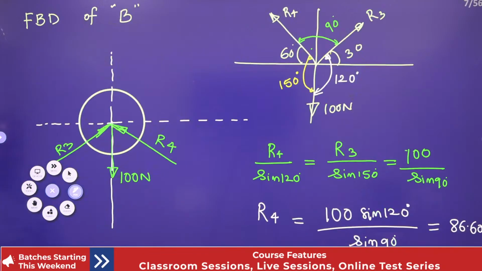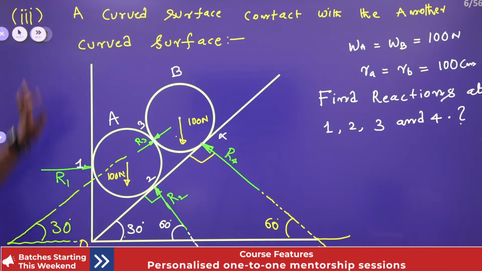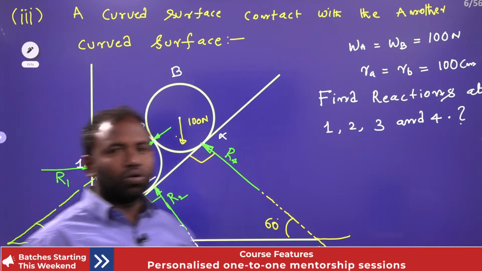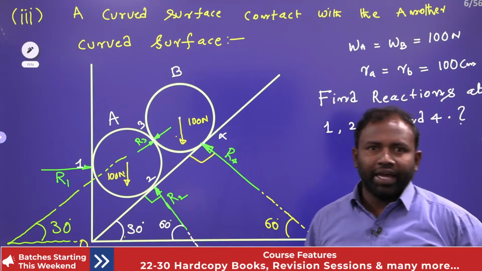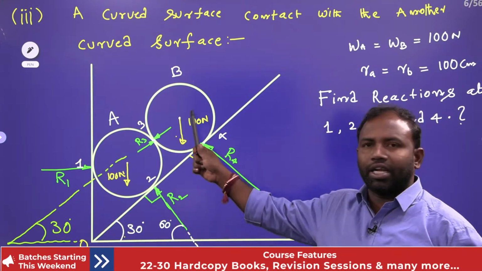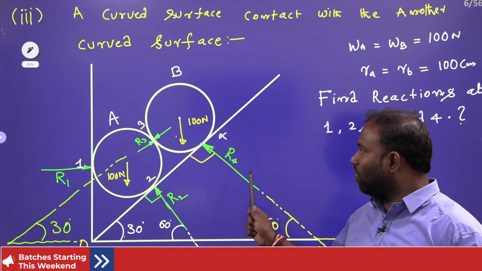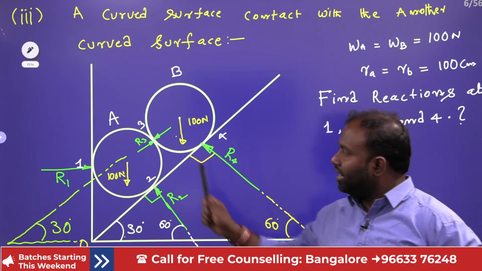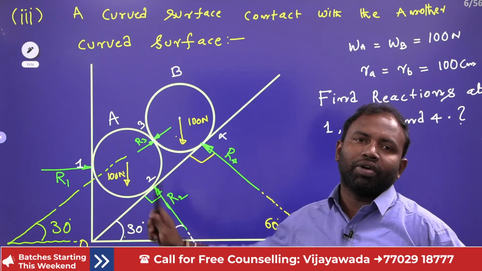I have simplified how to solve the reactions if two curved surfaces are given which are resting on the floor, with the help of examples. Take a free body diagram of ball B and solve R3 and R4, and similarly, by taking the free body diagram of A, solve R1 and R2.